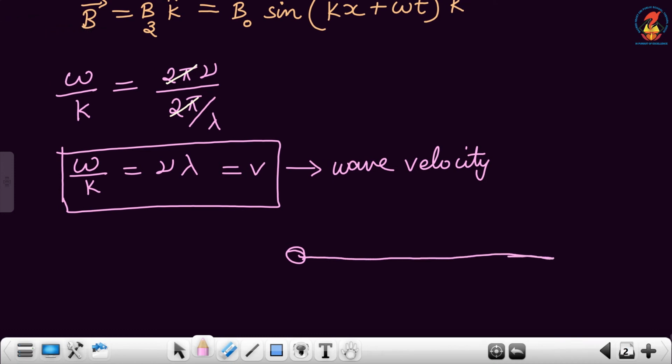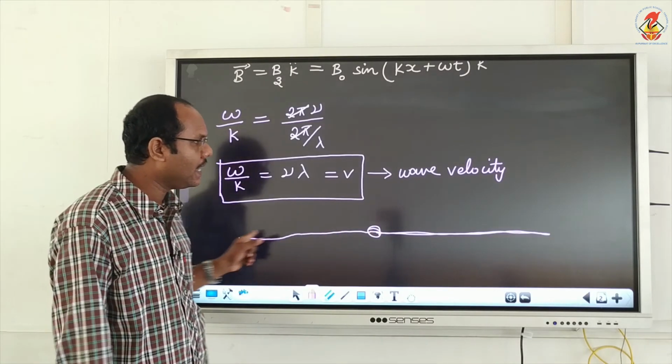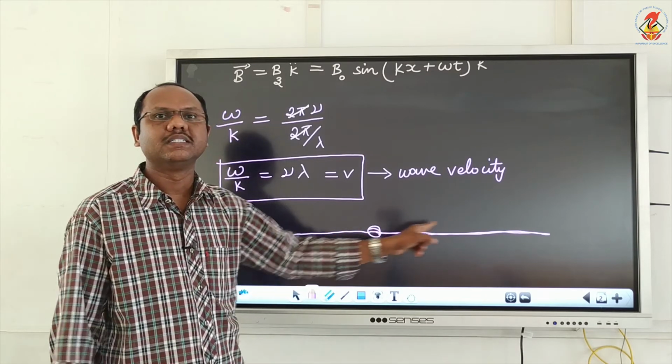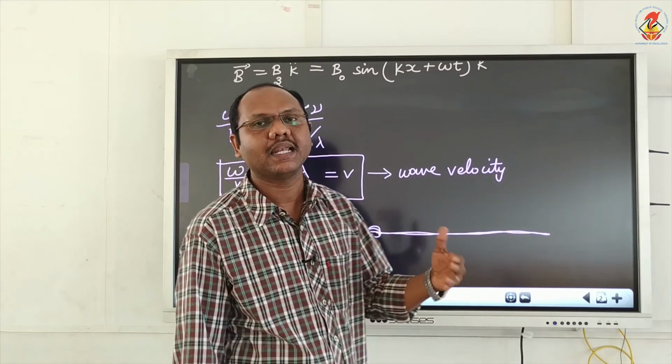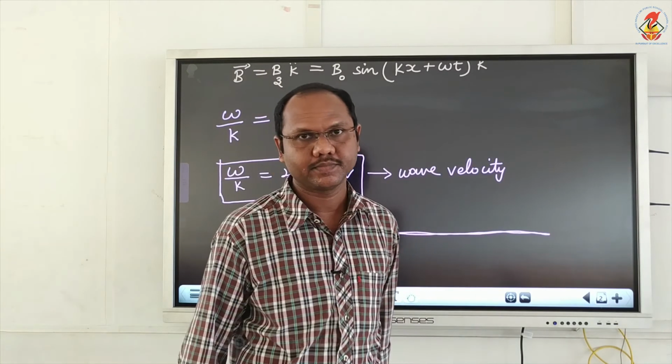Again as it comes back, speed keeps on increasing, and when it reaches here, speed is maximum, and as it moves towards this side, speed decreases, and when it reaches here, speed becomes 0. So when the charged particle oscillates to and fro, the speed keeps on increasing and decreasing. That means the charged particle is continuously accelerating.